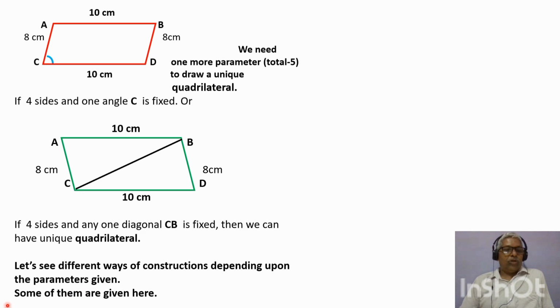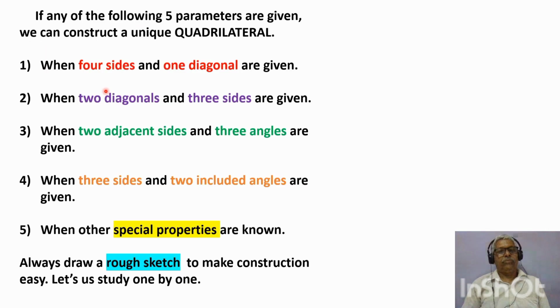So some of them are given here. Move to the next slide. If any of the following 5 parameters are given, we can construct a unique quadrilateral. First one, when 4 sides and 1 diagonal are given, you have seen this. Second, 2 diagonals and 3 sides are given.